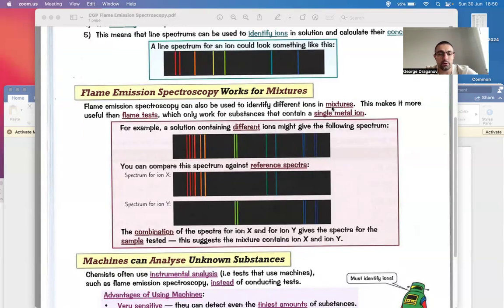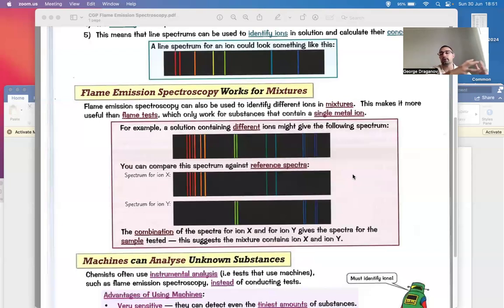So instead, if we use this flame emission spectroscopy technique, we can see that if this is your mixture, your solution, and it produced this spectrum, and you compare it to X and Y, if you have an individual data for X as a reference and Y, you should see that when you put these two together, they form this, which means the mixture is made of X and Y.